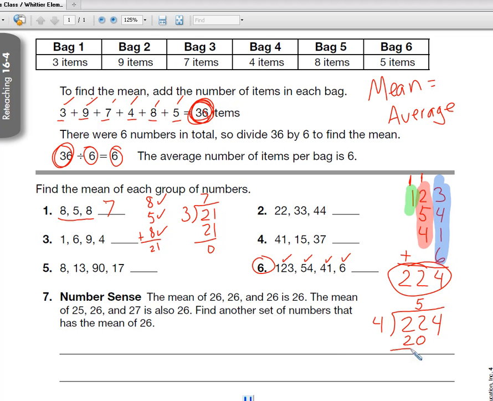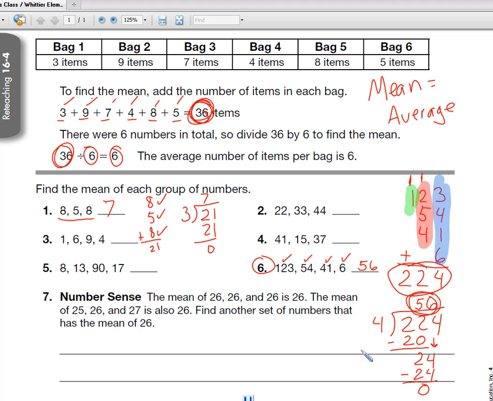Now I subtract. 22 take away 20 is 2. And then I bring down the 4. 4 goes into 24 6 times. 6 times 4 is 24. And then I subtract, and I get a remainder of 0. So the average of those 4 numbers is 56.